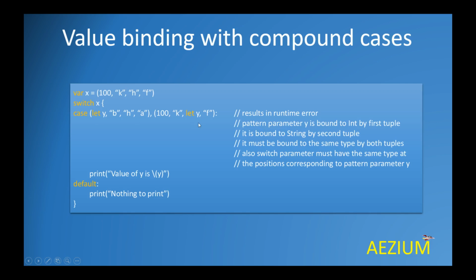So to make sure that those two types are the same, the types of the corresponding position within the switch parameter should be the same. So in this case, where we are seeing an integer type for the first element of the switch parameter and a character type for the third element, these two are not the same, and as a result, this line of code will generate a runtime error. So that is something that we need to prevent.